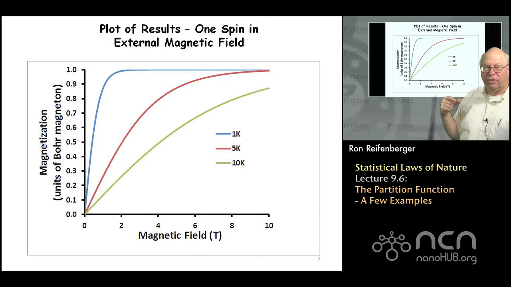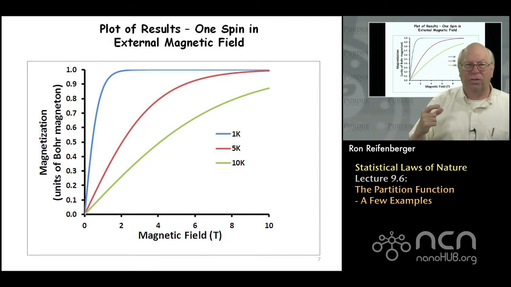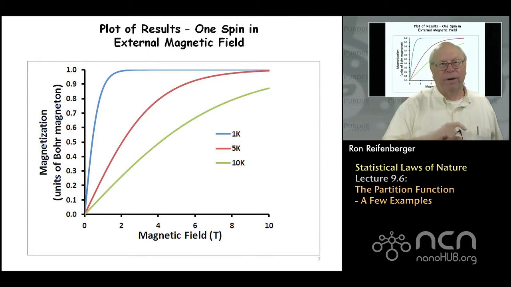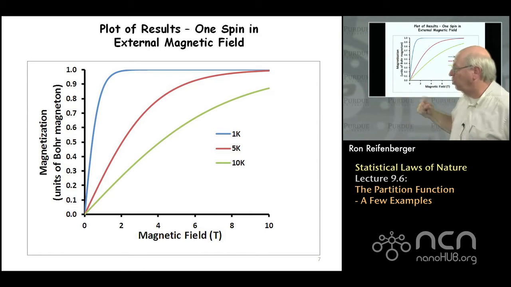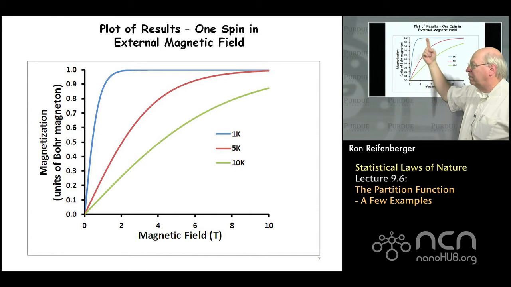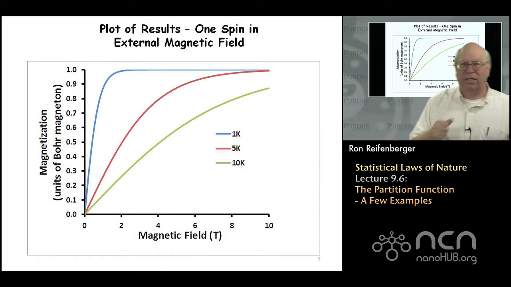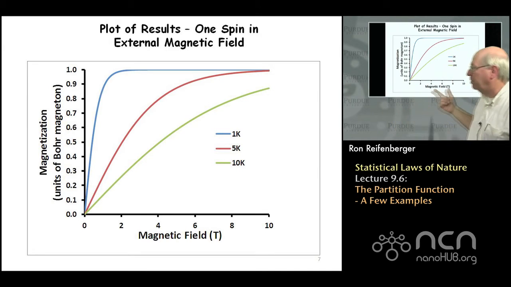When you get to an applied magnetic field of 2 Tesla, the splitting between the spin up and the spin down state becomes large compared to kT, where T is 1 Kelvin, and so the magnetization then saturates as the magnetic field increases.